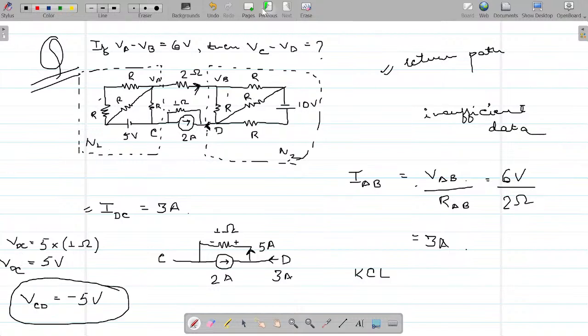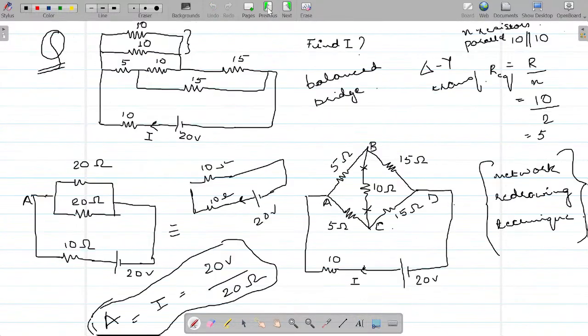So I am summarizing whatever we have learned in today's lecture. The first thing that we learned was that in a balanced bridge, there is no current flowing between the middle branch. Why? Because point B and C would be at equipotential.